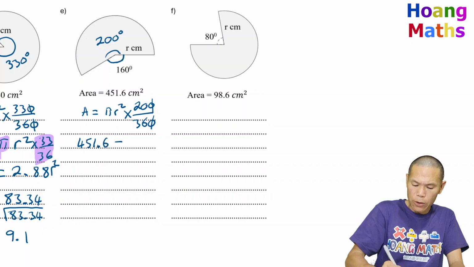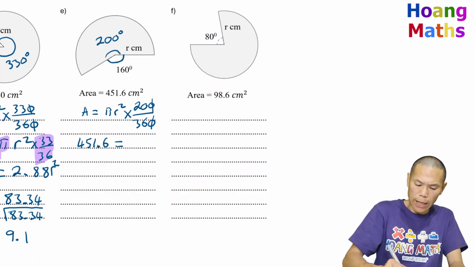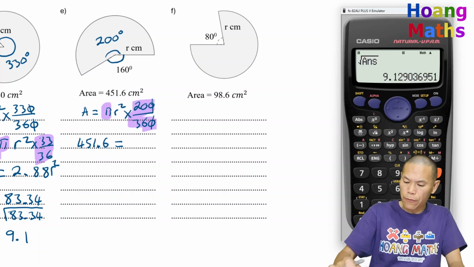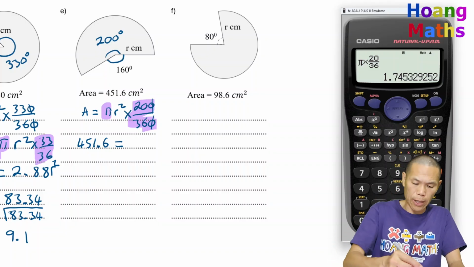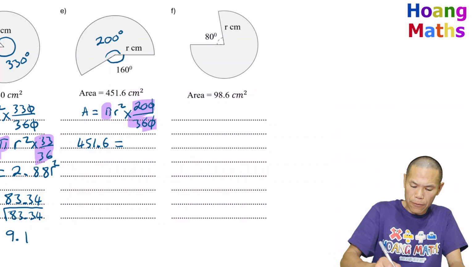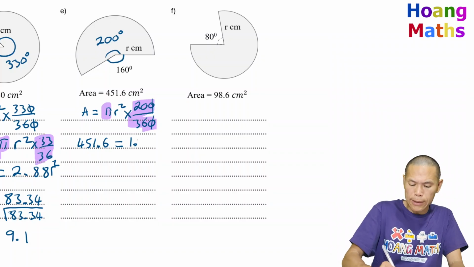451.6 is equal to, so I just use calculator, evaluate this first. So I just go shift pi times 20 out of 36. So that is 1.75. Correct to 2 decimal place for now. Okay, 1.75. So 1.75 r squared.